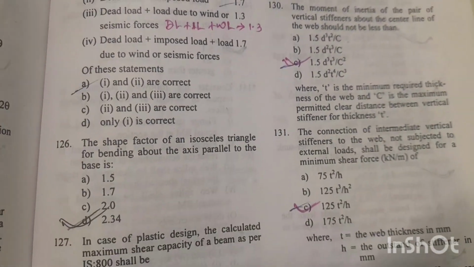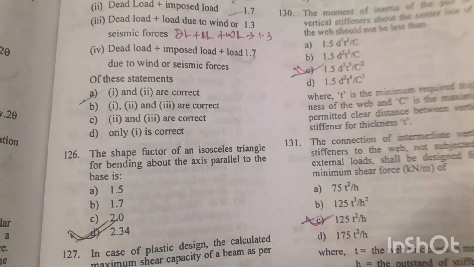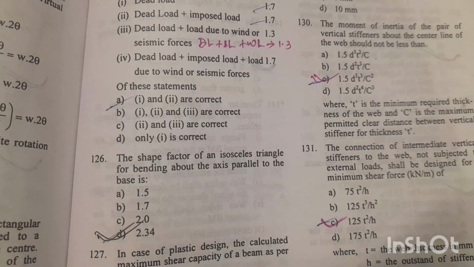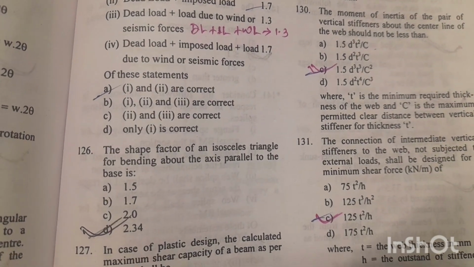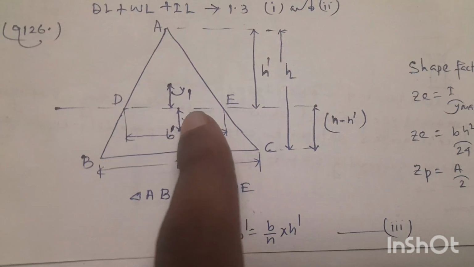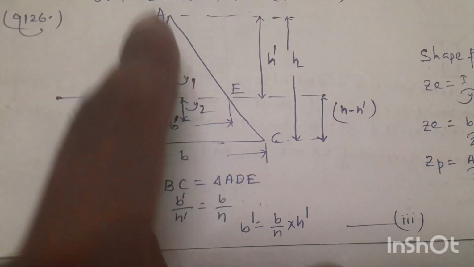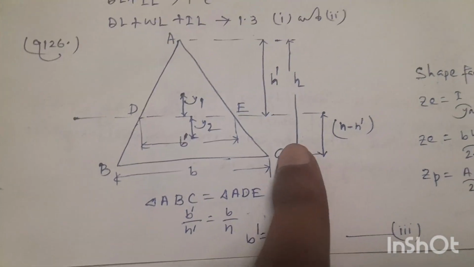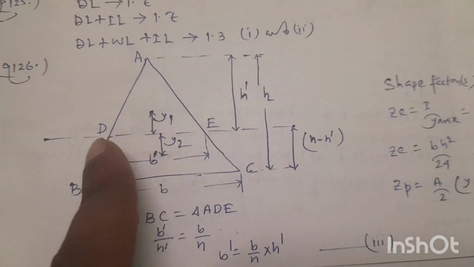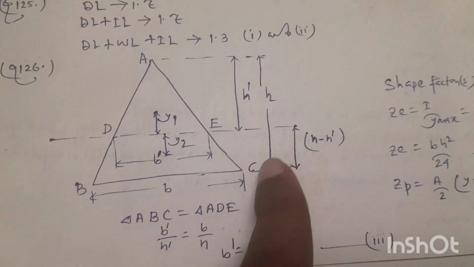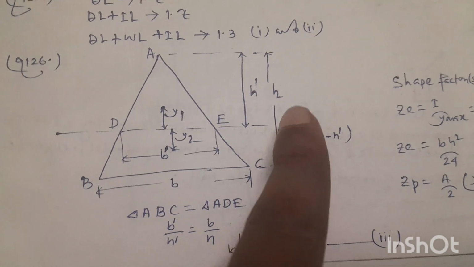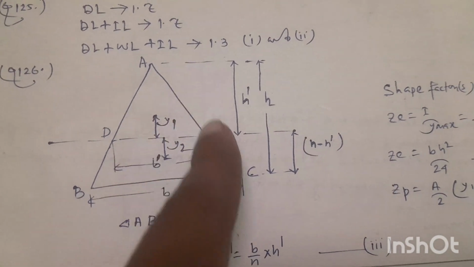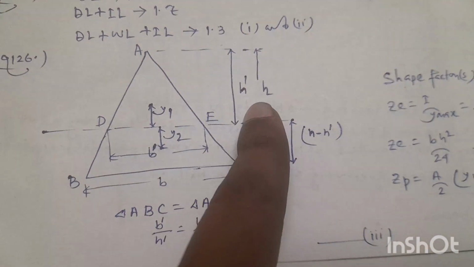Question number 1 to 6. The shape factor of an isosceles triangle for bending about an axis parallel to the base is 2.34. Option D is the right answer. Suppose this is the isosceles triangle ABC. This is the neutral axis, and say this is D, this is E, and the height of this triangle is H, and this height from here to here is H dash.